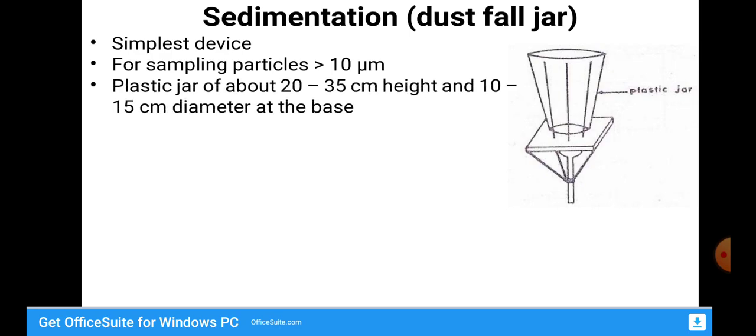The dimensions of the jar are 20 to 35 centimeter height and 10 to 15 centimeter diameter at the base. As you can see in this figure, this plastic jar is having a cone type shape. At the base, the diameter of jar is less, and at upper part the diameter is higher.